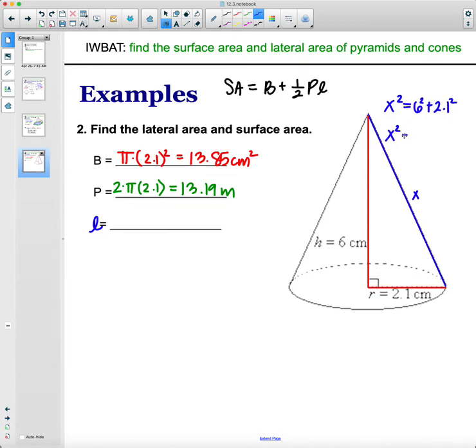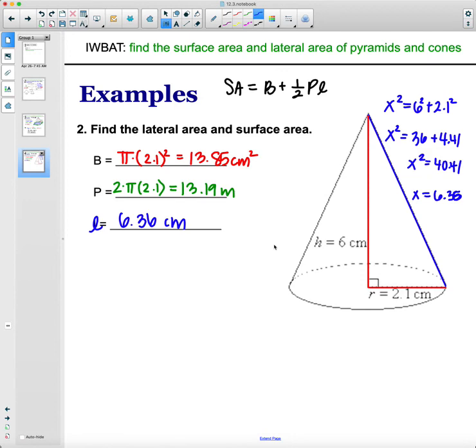So x squared equals 36 plus 4.41. So x squared equals 40.41. And then square root that, and you get x equals 6.35, or 6.36 technically it rounded to. Okay, so that's the slant height.